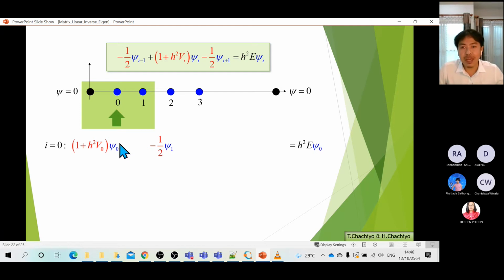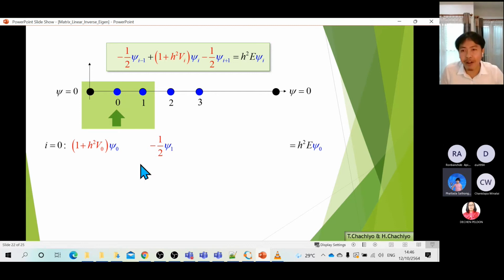We have the point in the middle, that term. We have the point on the right, minus 1/2 psi 1. Why don't we have the point on the left? Let's ask Patrada, because she's an expert in solving this equation. In fact, I know that it is her thesis when she was working on her degree last year.